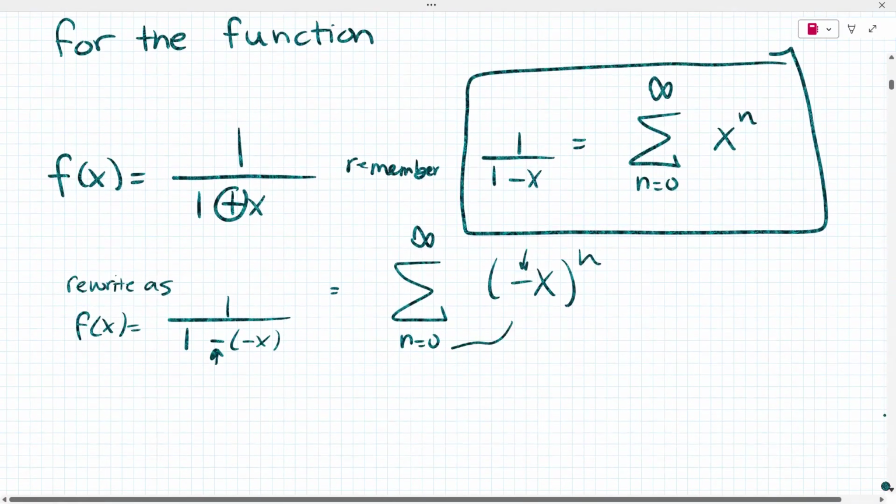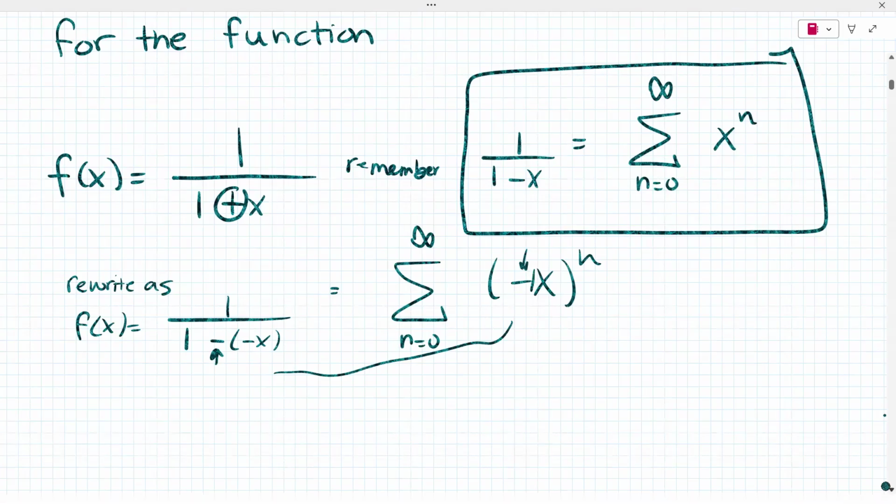We can also rewrite this if you want. This minus is like an invisible negative 1. We can rewrite this as a summation of n equals 0 to infinity of negative 1 times x, raised to the n. And then this could be your final answer. Since we're raising everything to n, when you raise a power to a power, you multiply the exponents.